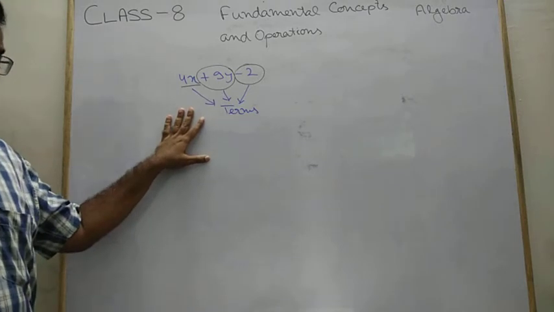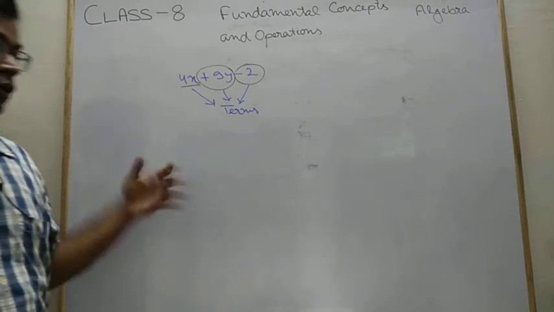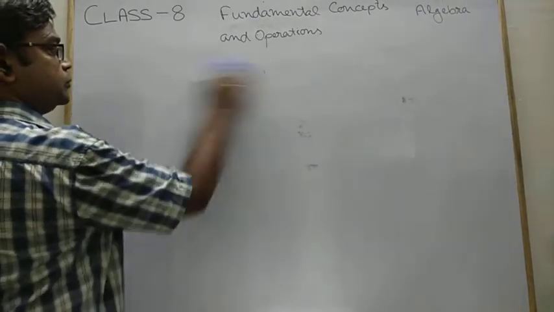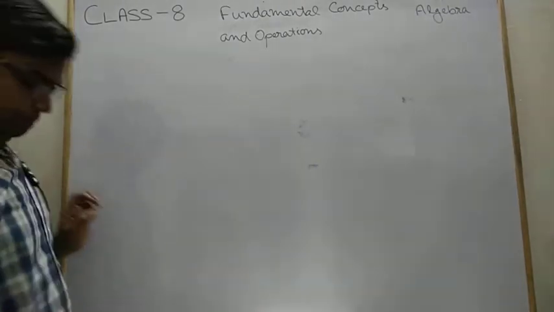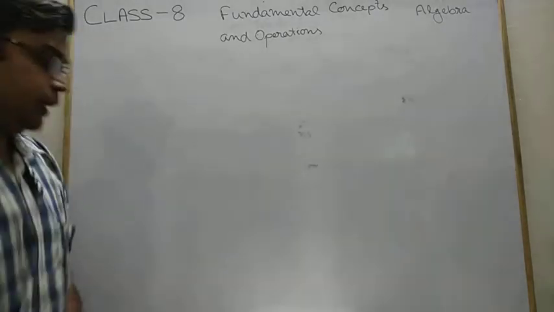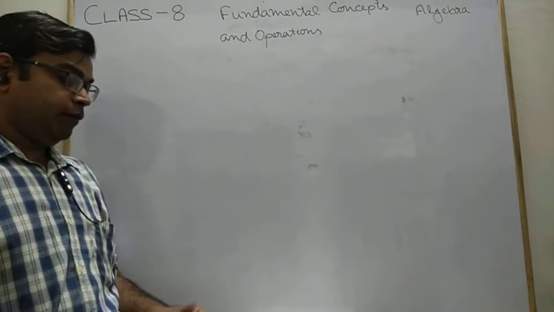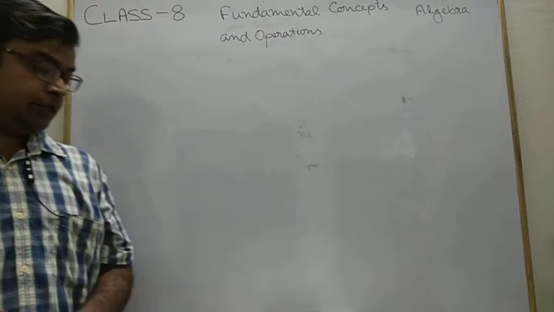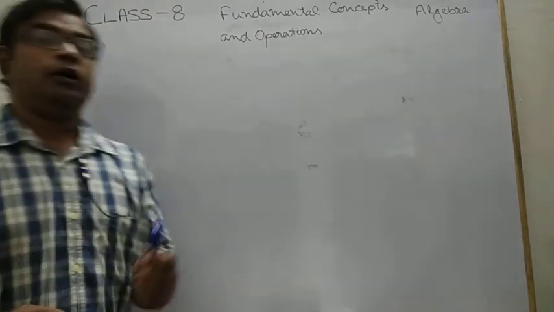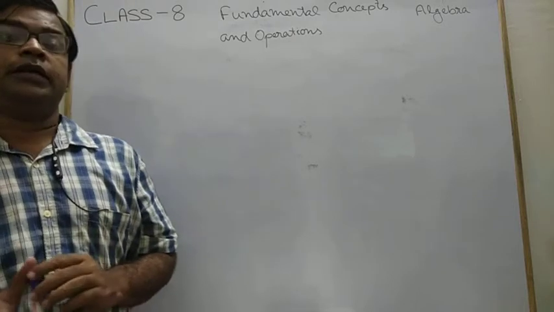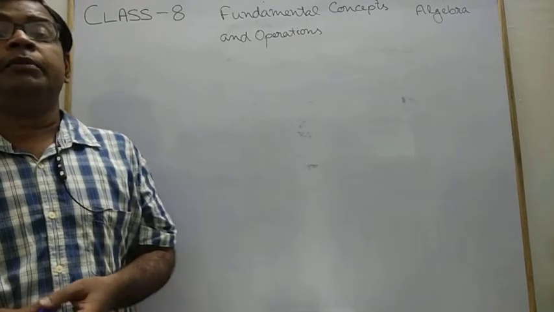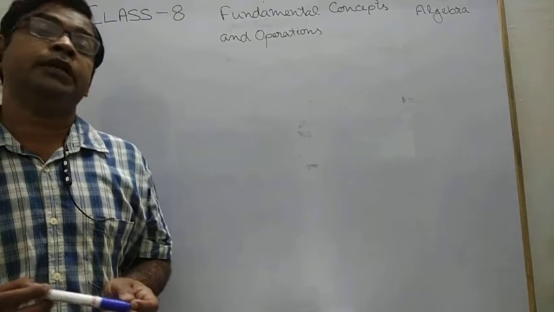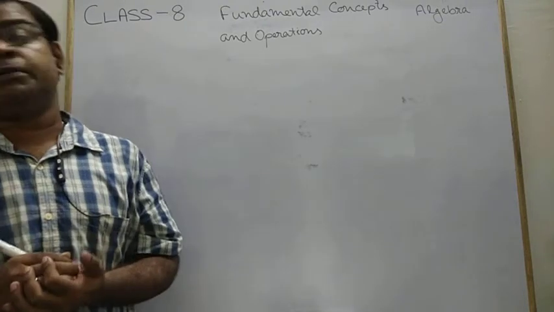Now we are going to discuss polynomials, or types of expression. In any algebraic expression, we must always remember that if the variable has only positive integral exponents, then that is known as a polynomial expression.